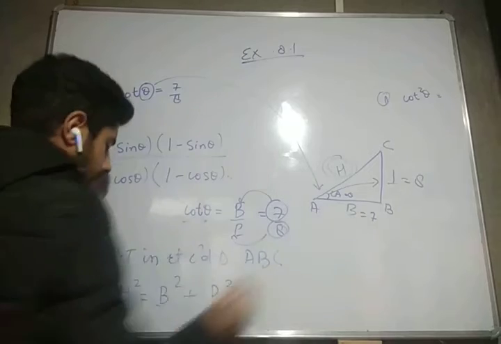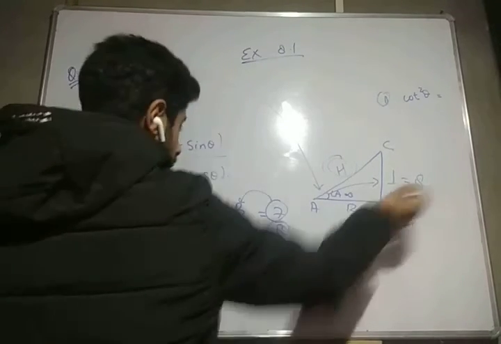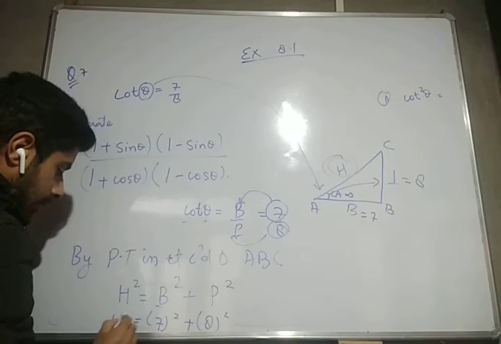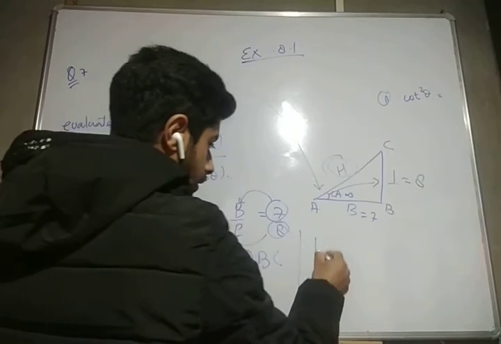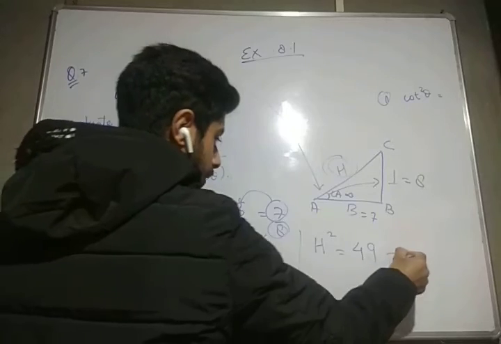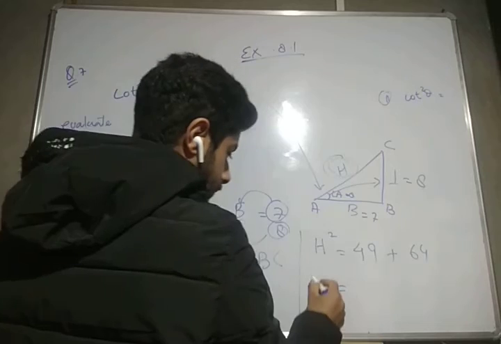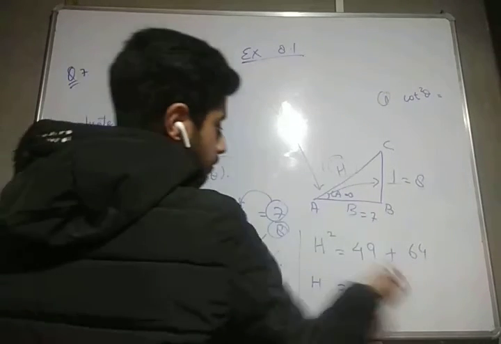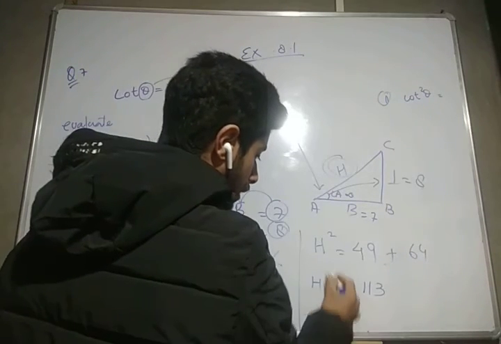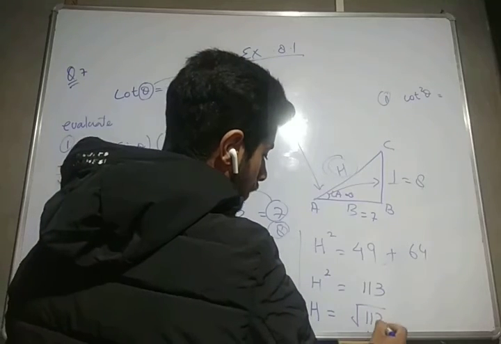The base is 7, so 7 square, plus the perpendicular 8, so 8 square, is equal to our hypotenuse square. 7 square is 49, plus 8 square is 64, so it's 113. Hypotenuse square is 113, so hypotenuse will be square root of 113.